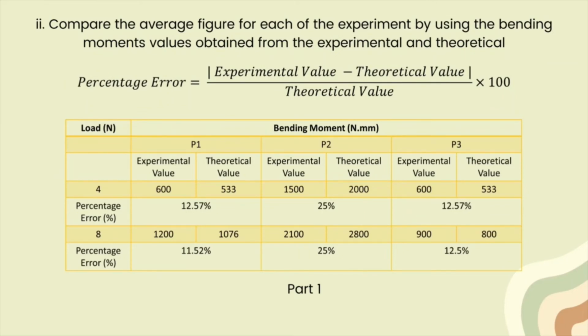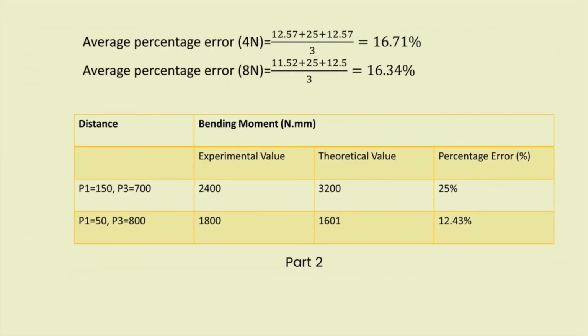So the percentage error at P1 at 4 Newton is 12.57%, at P2 is 25%, and at P3 is 12.57%. For X Newton, P1 is 11.52%, P2 25%, P3 12.5%. Then we calculate the average percentage error for 4N and XN. For 4N, we get 16.71%, and for XN is 16.34%.